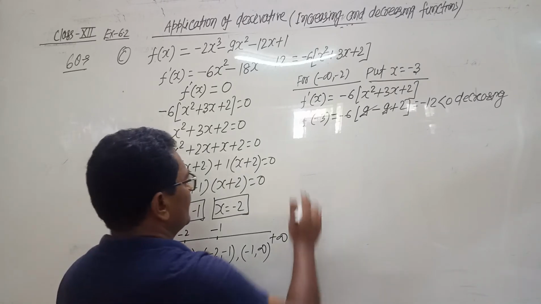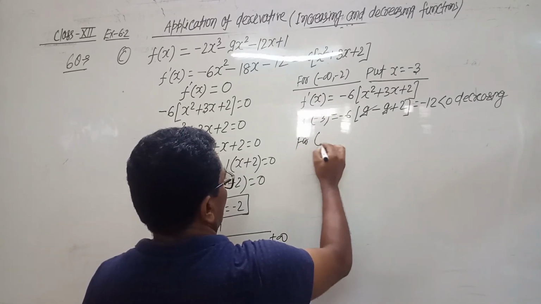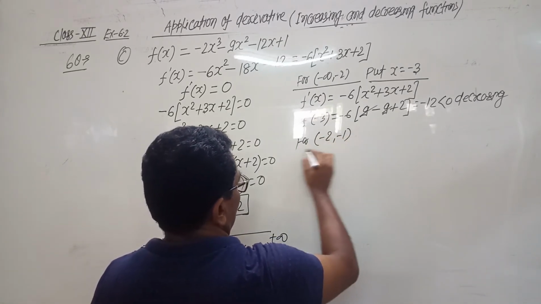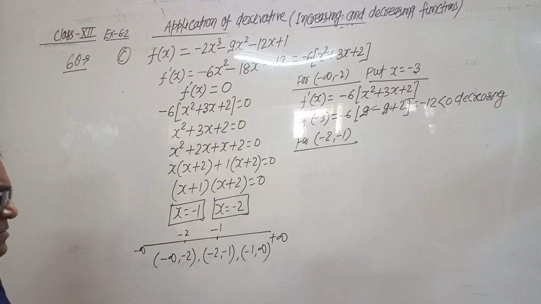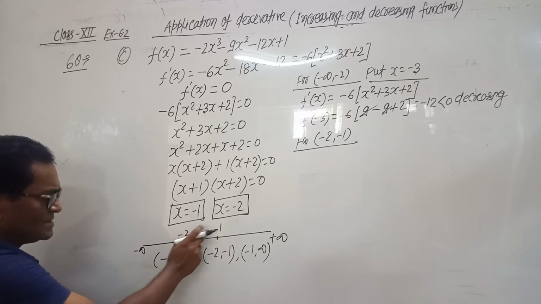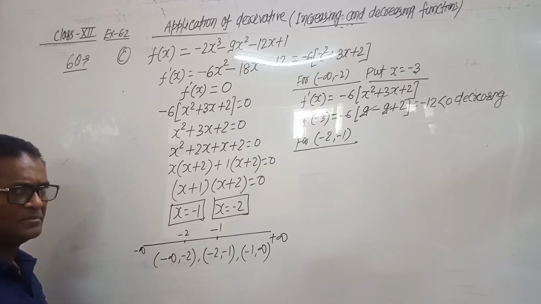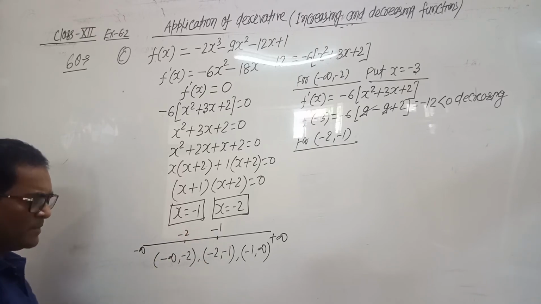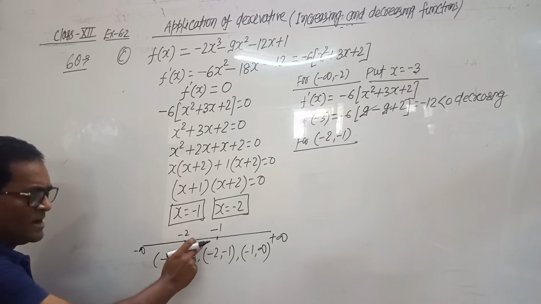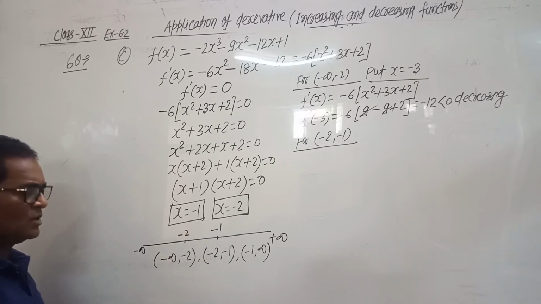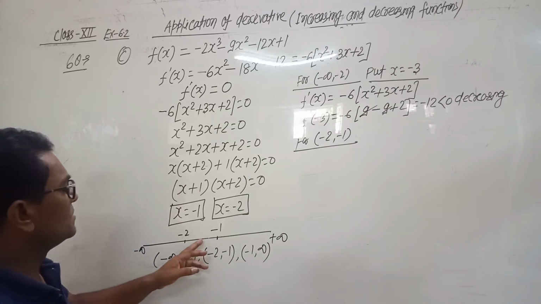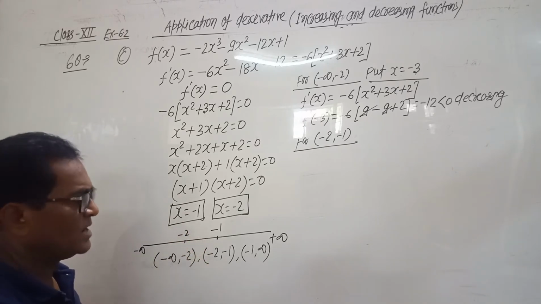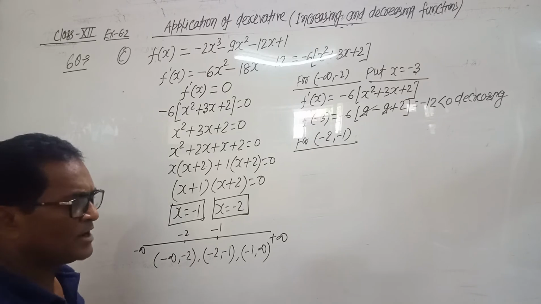Now for the second interval, minus 2 to minus 1. The value lies between minus 1 and minus 2. It may be minus 1.1, minus 1.2, minus 1.3, minus 1.4, minus 1.5.